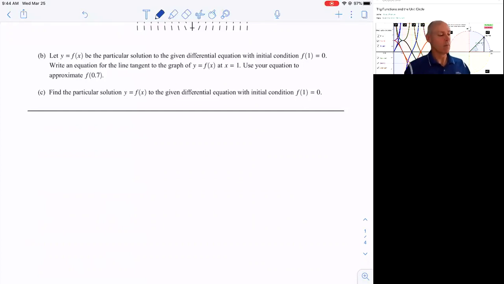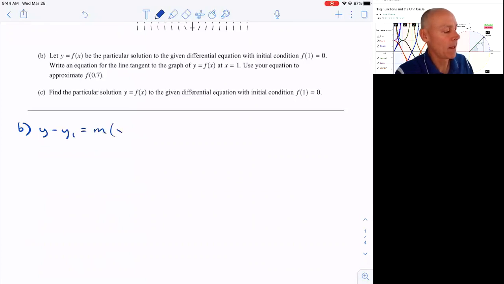Okay, I'm going to do this one right here. The first thing I'm asked to do is write the equation for my tangent line. So I'm going to start out with point-slope form of a linear equation.